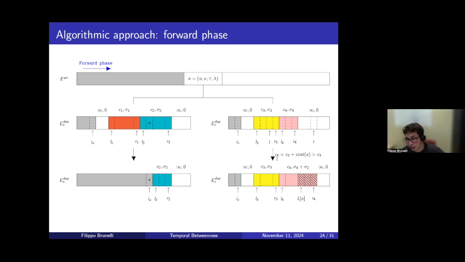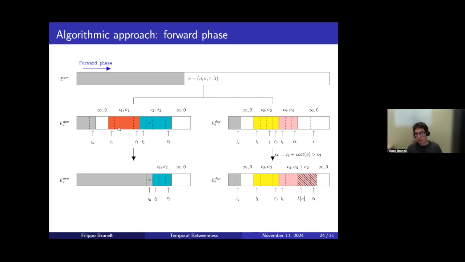And as the cost is the same, we are enlarging the interval, and we are adding to the number of walks that these edges can extend the number of optimal walks that are brought to V through E. So the counting will now be sigma 4 plus sigma 2, which are the number of optimal walks ending with E. And here we also need to take into account this index LE, but we will see in the next phase why it's important.